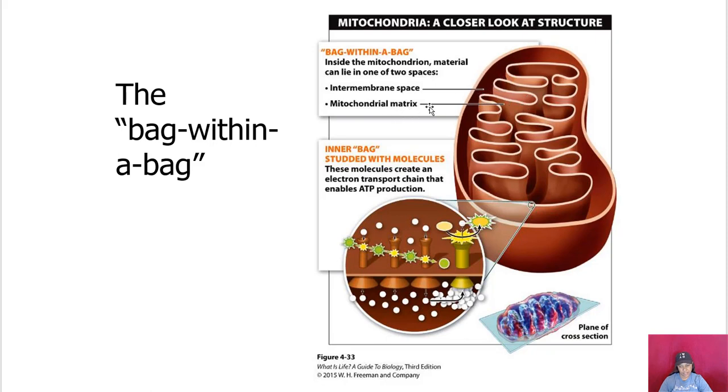And then we have the mitochondrial matrix. So this is just terminology. And so this inner bag is studded with these molecules, and these molecules create an electron transport chain that enables the ATP production. So this is where ATP is actually being produced, in this inner bag of the mitochondria. Okay.